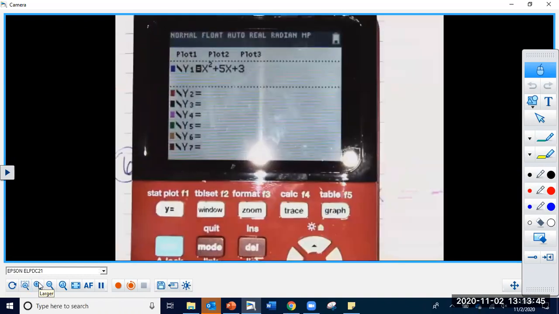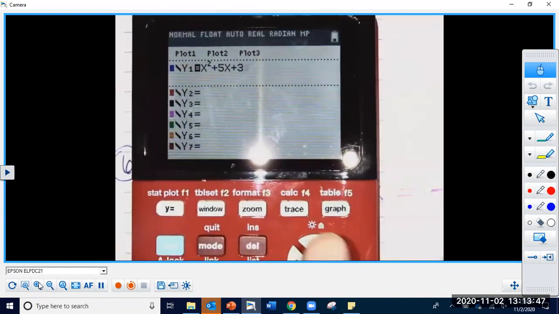Make sure that your plot 1, plot 2, plot 3 at the top are not highlighted.